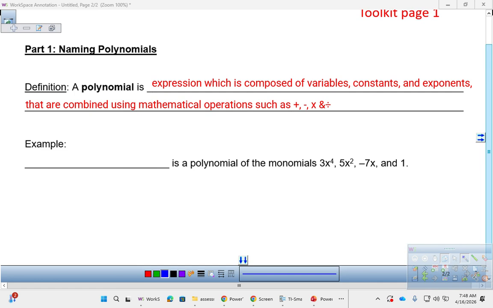So we've got 3x to the 4th power, 5x to the 2nd power, negative 7x, and 1. Right now, they're just all separate terms. If I want to make them a polynomial, all I have to do is put plus, minus, times, or divide between them. Typically, you're going to see plus and minus between them. It's pretty rare that you see divide.